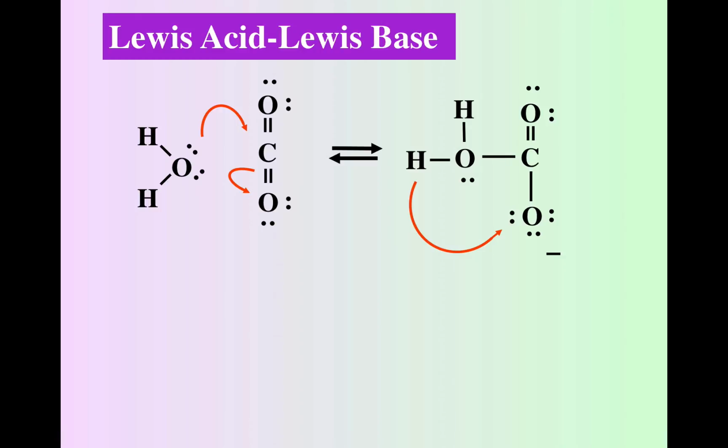So the electron pair is donated by one side of the atom to the other to form a bond between the hydrogen and the oxygen to form the carbonic acid. So CO2 bubbled into water to make carbonic acid is an example of Lewis acid-base chemistry. And we'll get into Lewis acid-base chemistry more later on when we talk about solubility equilibria. So that's later on in this unit.